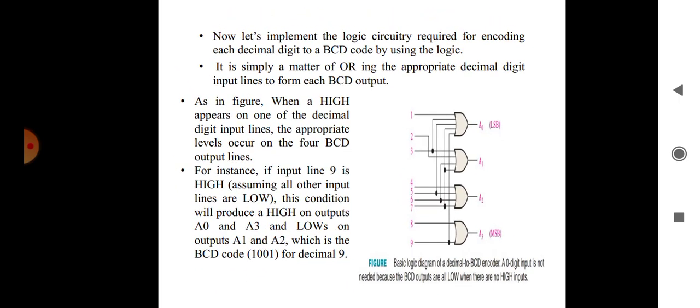So it's simply a matter of ORing the appropriate decimal digit inputs to form a BCD output.